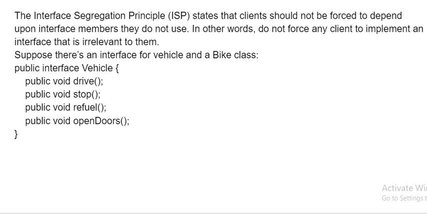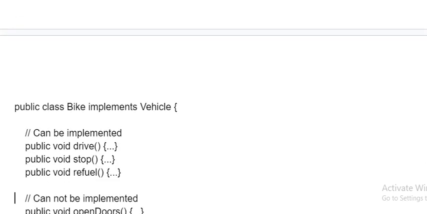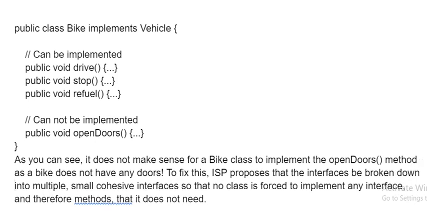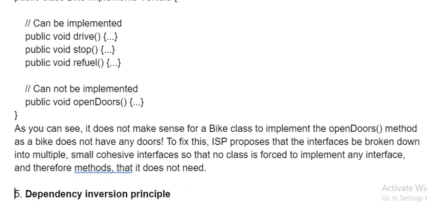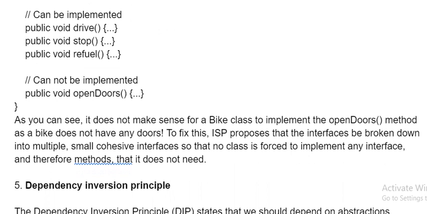We can take the example of a Vehicle interface and a Bike class. Here Vehicle is an interface, and in the interface we have methods like drive, stop, refuel, open doors. Now if we are making a Bike class that implements the Vehicle interface, we have to implement the method open doors, but it doesn't make any sense for Bike class to implement the open doors method, as a bike is a two-wheeler and open doors is for a four-wheeler, that is a car.